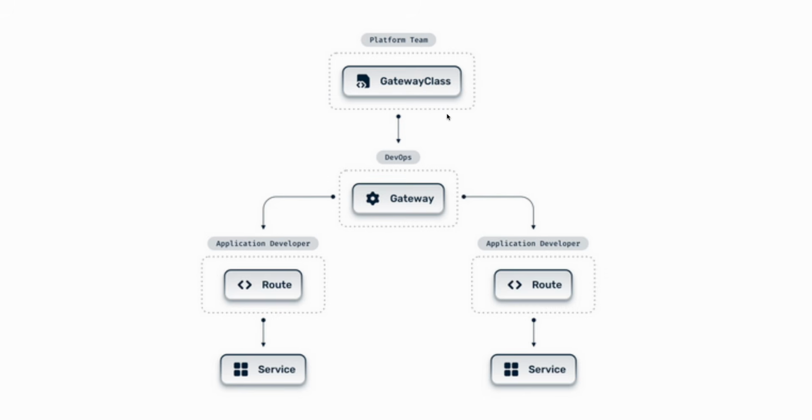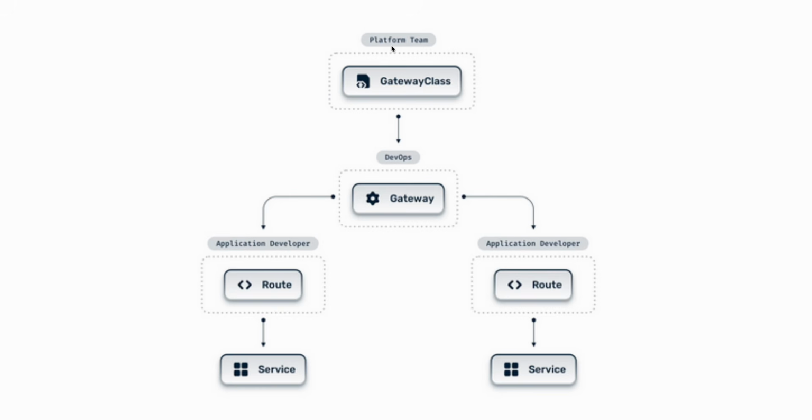So yeah, this is the architecture, I can say, for Gateway API, and this diagram is also not created by me. I have taken it from the internet, and credit goes to the respective person or team. So let us try to understand the architecture of Gateway API.